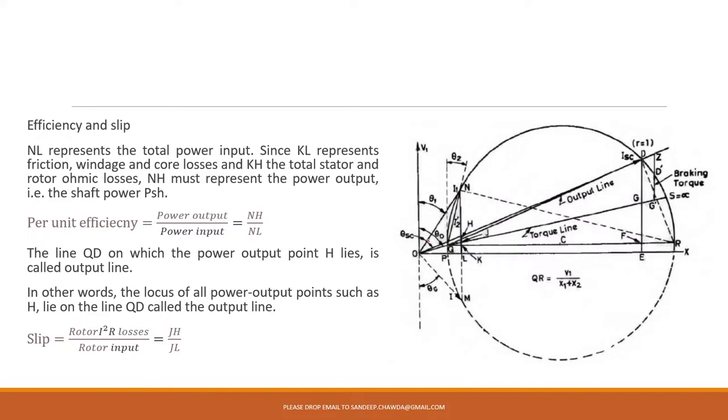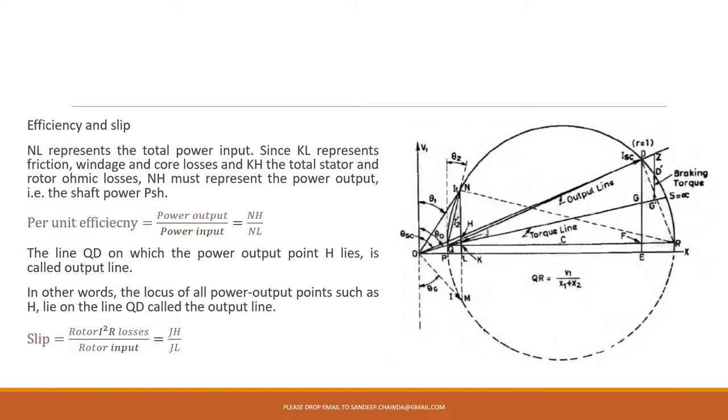Efficiency and slip. Here what we have seen, see what exactly NL is going to represent. It is going to give you total power input. The NL, from here to here, is going to give you total power input. This KL is going to give you friction, windage and core losses.